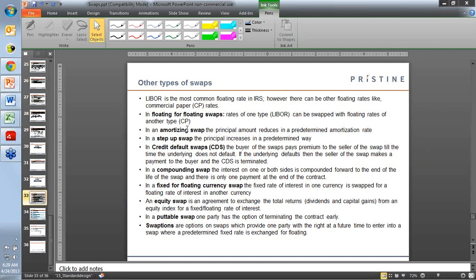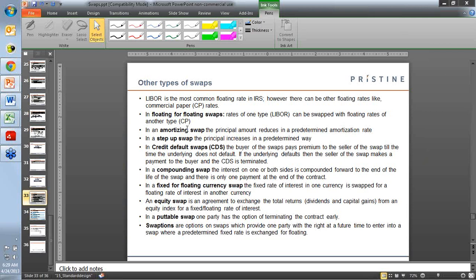And we have the credit default swap. So here actually the buyer of the swap will pay a premium to the seller. That is because the seller will essentially guarantee a low probability of default. So as long as the seller does not default, the buyer will pay a premium.